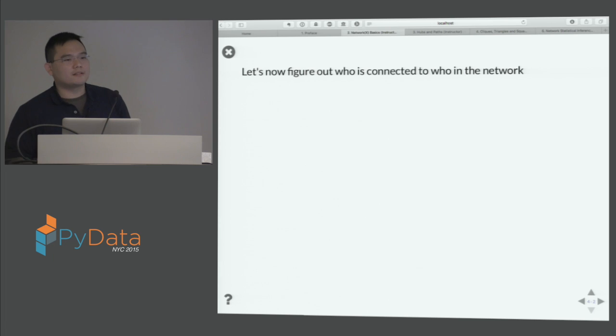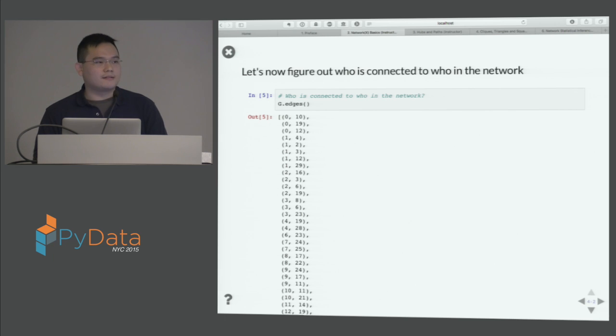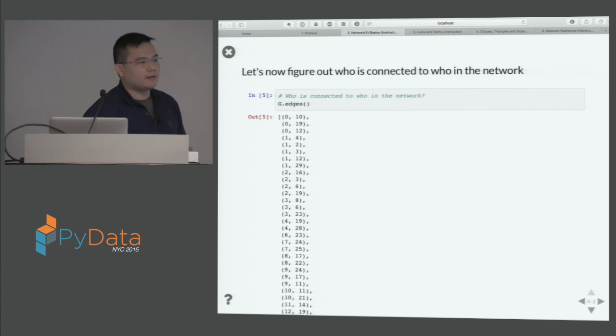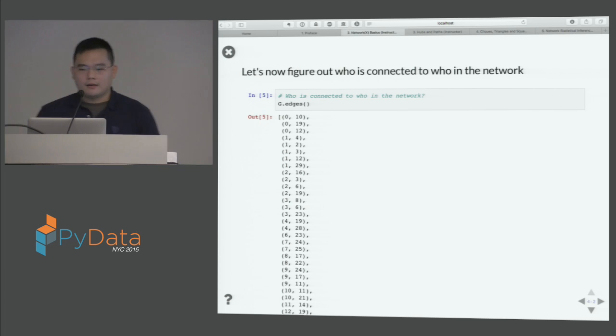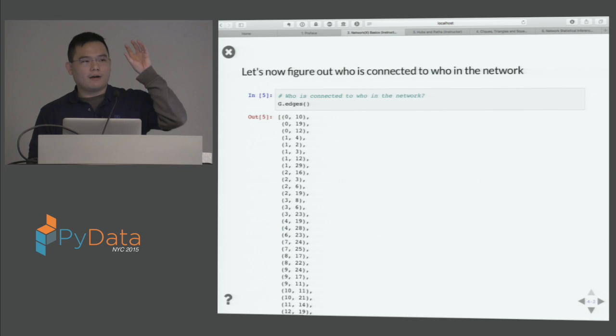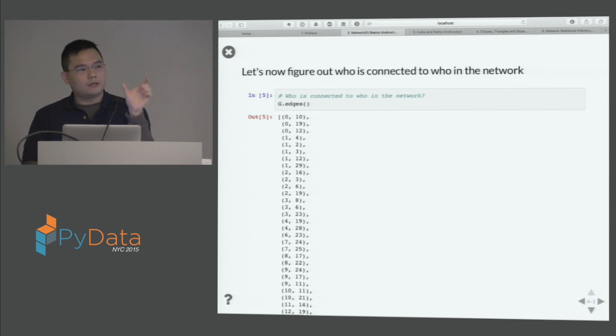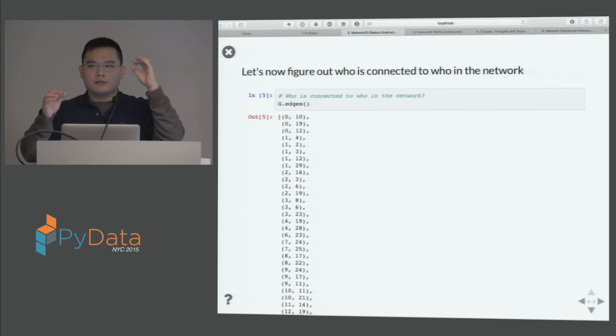If we then want to understand the relationships in the network, we look at the edges. NetworkX also provides an API for accessing the edge list that's present inside the network. The edge list essentially lists every edge as a two-tuple.